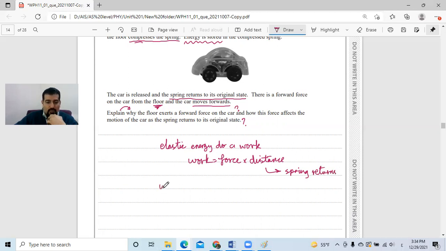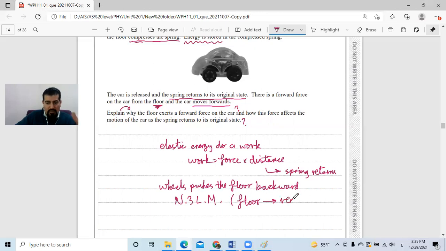Okay, we can say that the wheels push the floor backward, and by Newton's third law of motion, the floor makes an equal and opposite reaction.